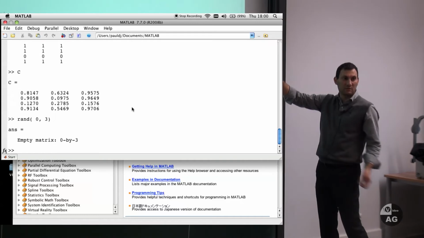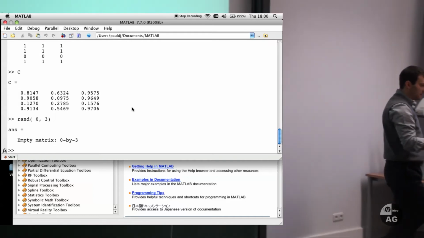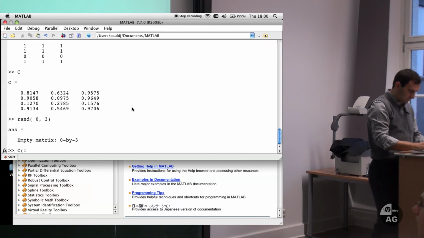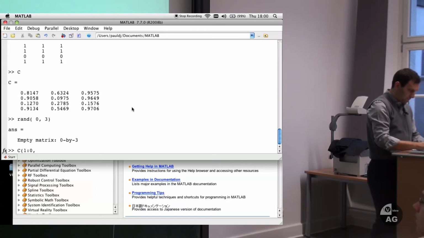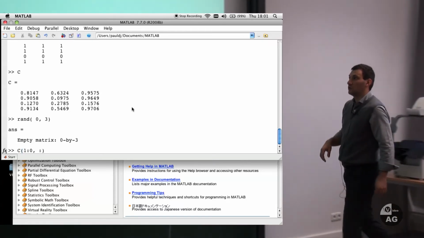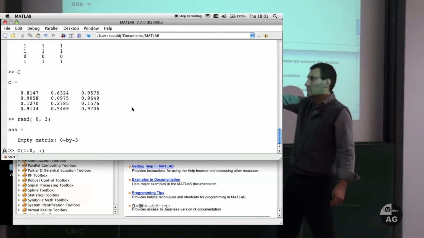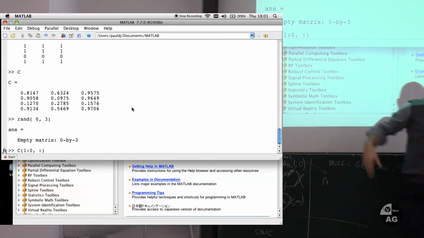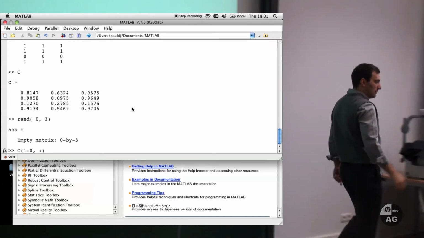It's an empty matrix, 0 by 3. And if I do C of, so I am extracting God knows which row of matrix C.